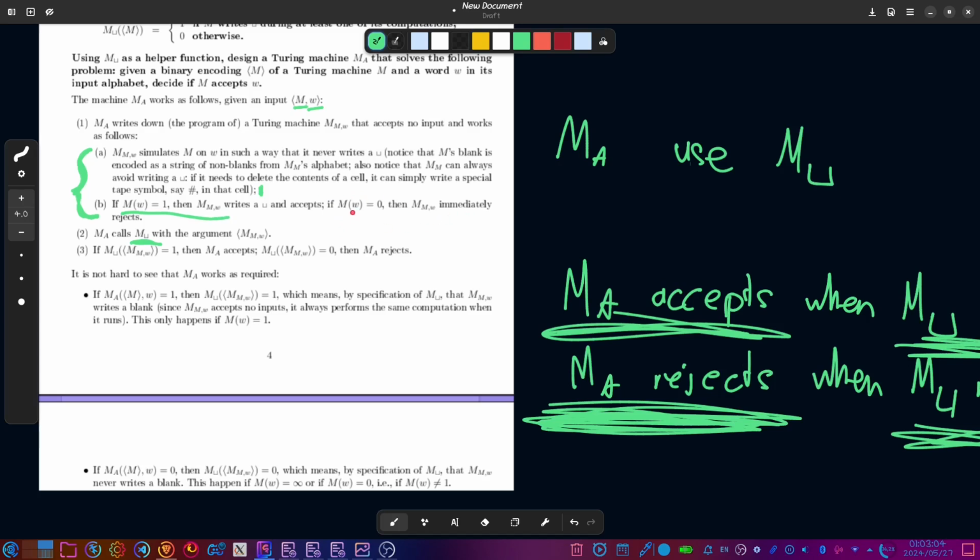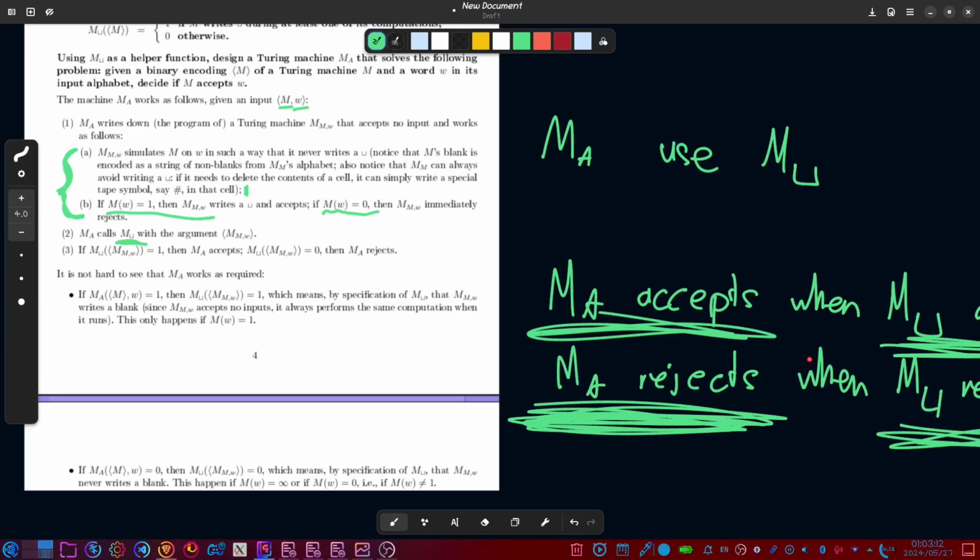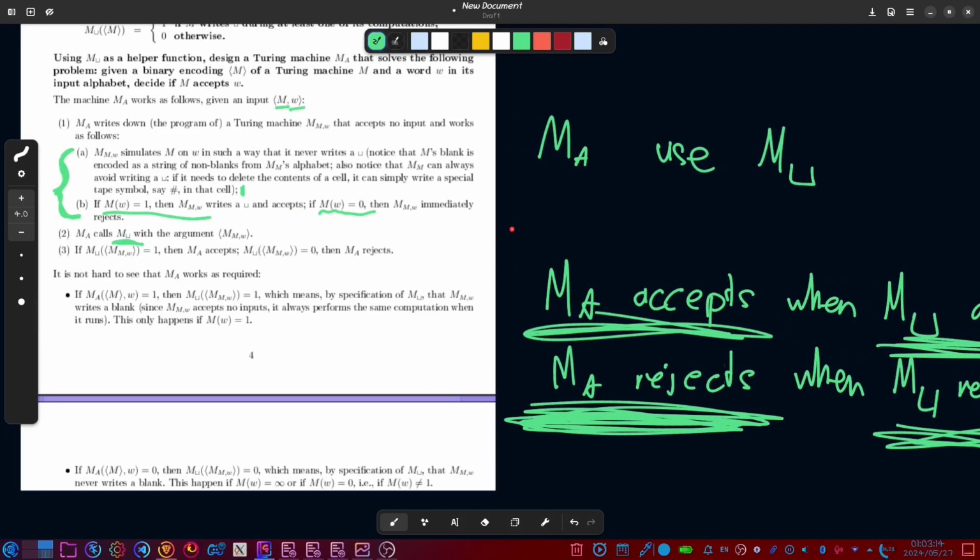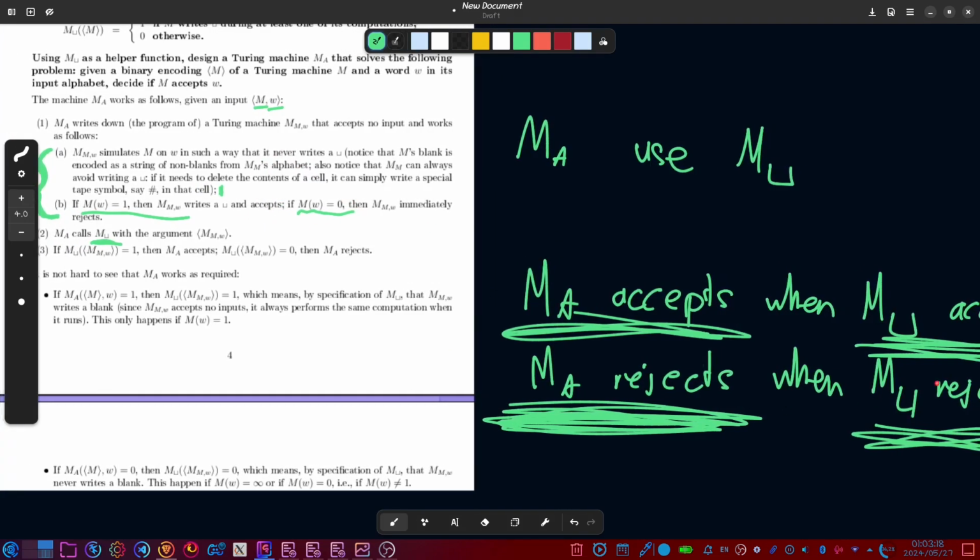In other words, if M rejects W, or if M loops, then this Turing machine never wrote a blank, and so it is going to reject, because this Turing machine only writes a blank when M accepts.